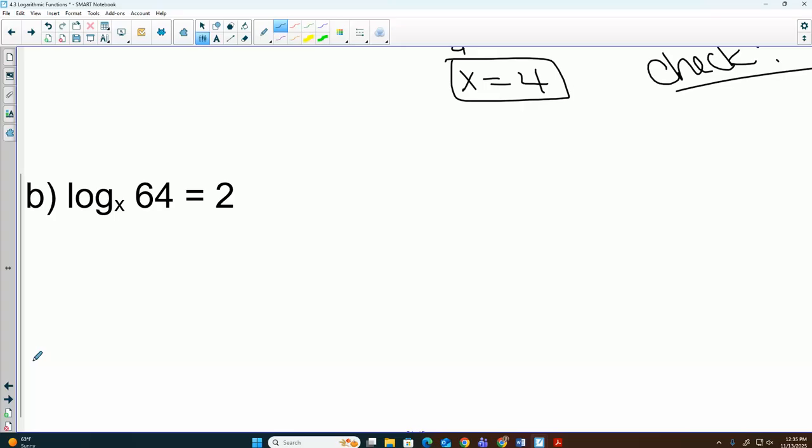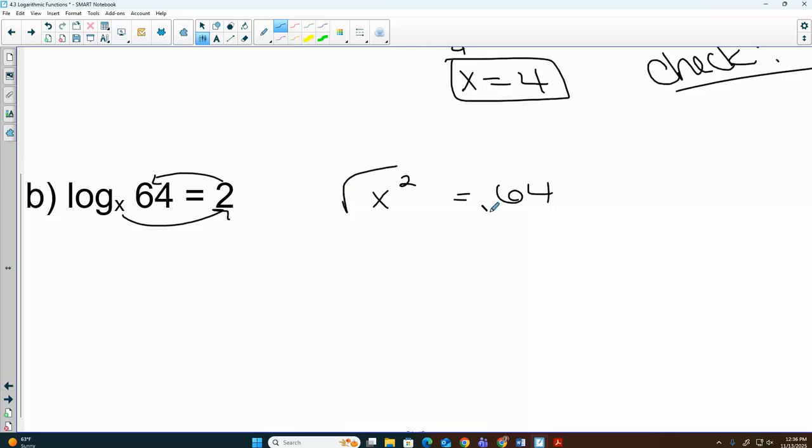So what would I have to do here? Write it in exponential form. That tells me x to the second power is equal to 64. If I am trying to solve for x, how do I get rid of a square?